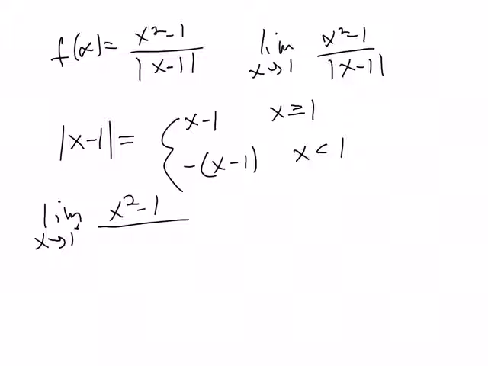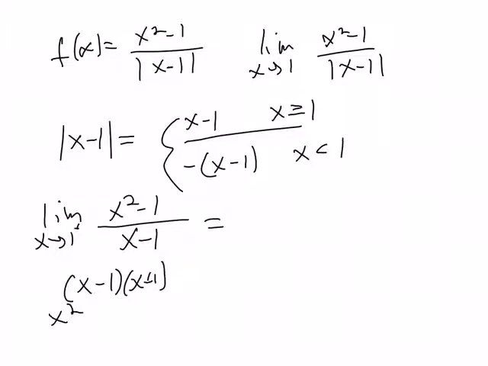So what goes on the bottom? If you're approaching from the right, x is bigger than 1, so we're going to use x minus 1. And x squared minus 1 is the same as x minus 1 times x plus 1.